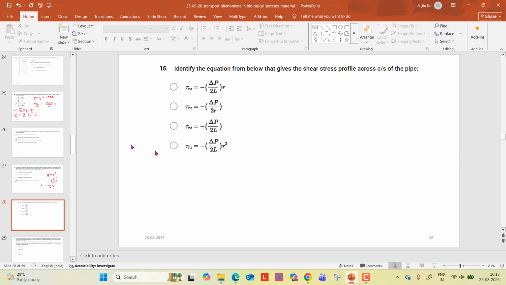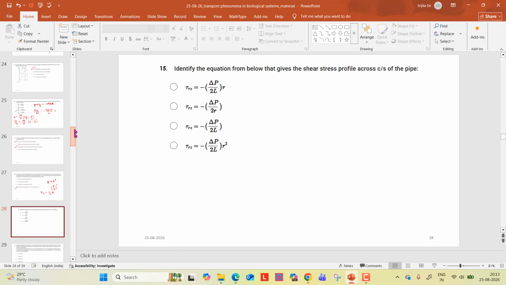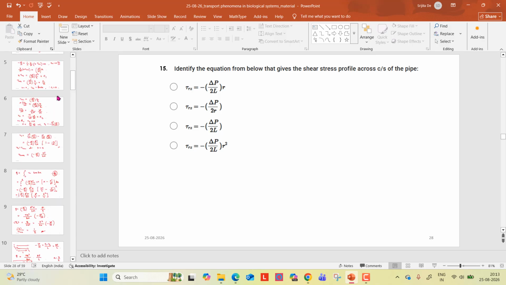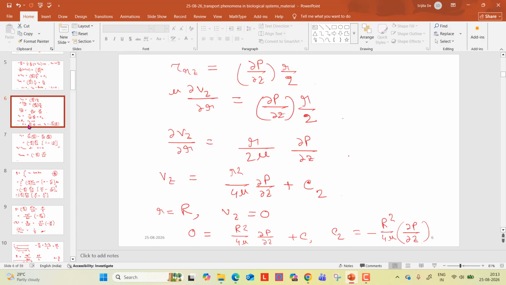Next, identify the equation from below that gives the shear stress profile across the cross section of the pipe. So for the cross section of the pipe, we have done this. What was the expression? Let's see. It is del P del Z R by 2.